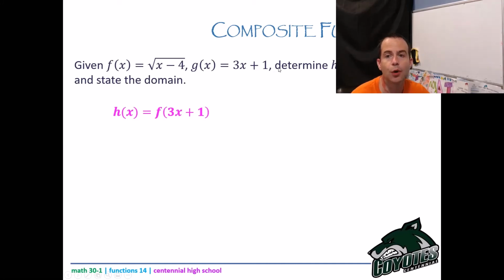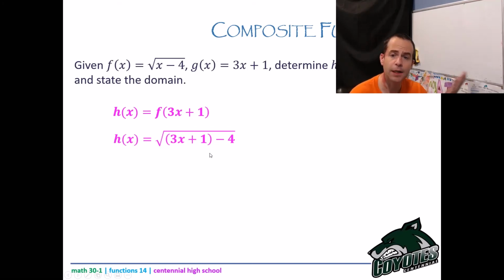Since g of x is 3x plus 1, it's f of 3x plus 1. Now I'm going to plug 3x plus 1 into the x of f. I think you can see me circling there, yeah? So that's going to equal the root of 3x plus 1 minus 4.